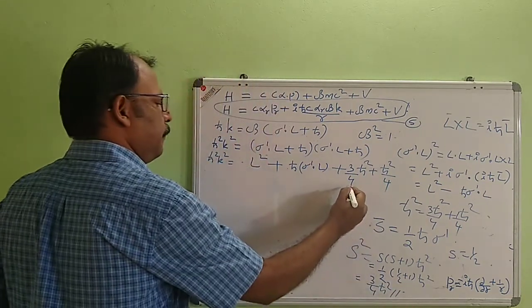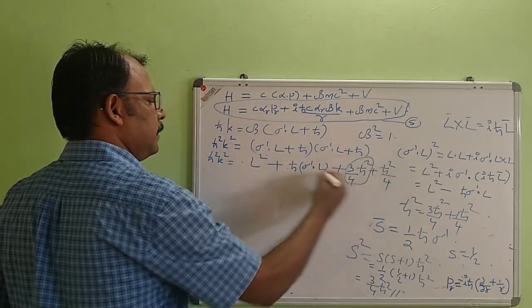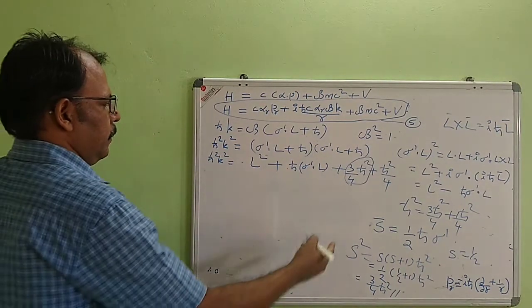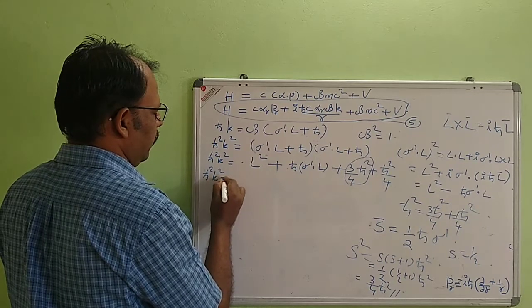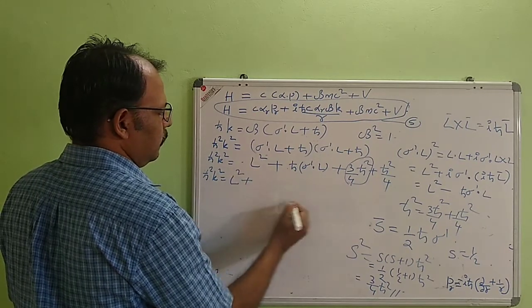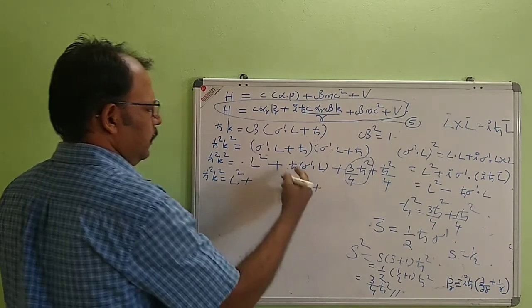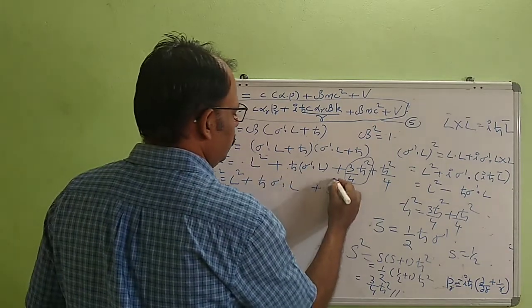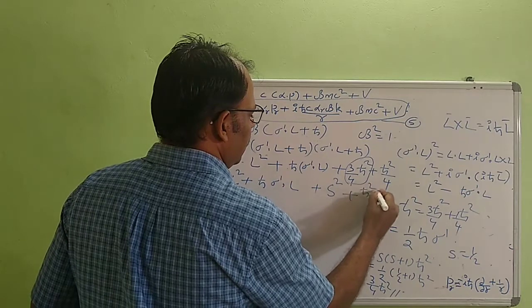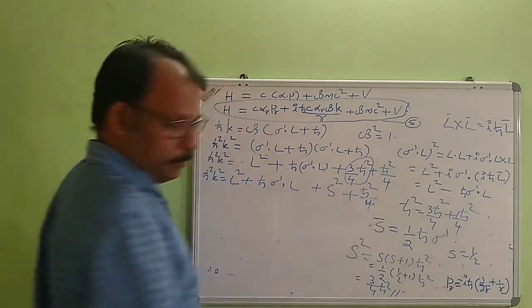So this 3 by 4 h bar square we can write as s square. So this time we will be writing h bar square k square equal to L square plus h bar sigma prime dot L plus s square plus h bar square by 4.